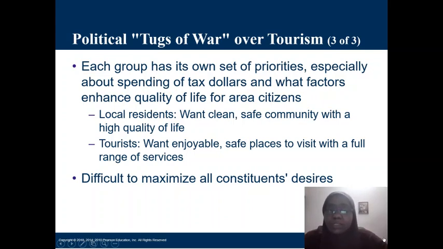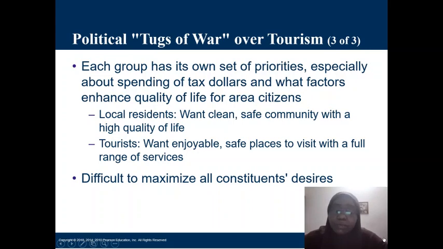Each group has its own set of priorities, especially about the spending of tax dollars. What you want to spend the revenue on is different from what another group wants to spend it on. And there are factors that enhance the quality of life for area citizens. Local residents may want a clean community, a safe community with a high quality of life.